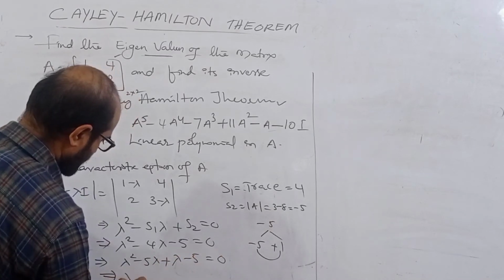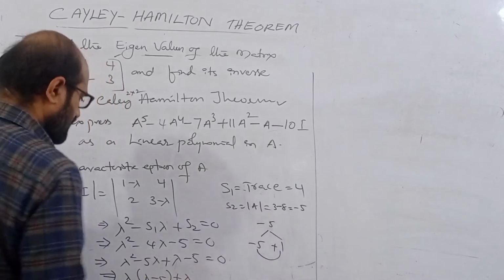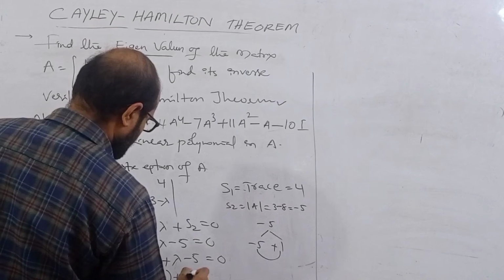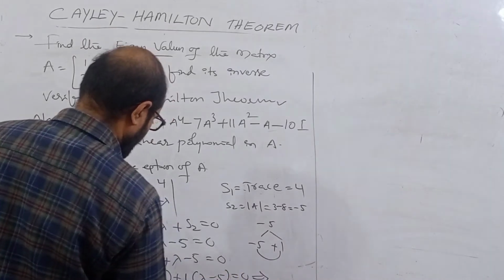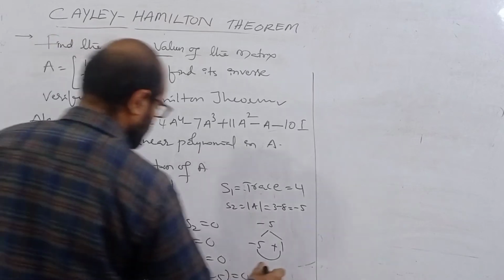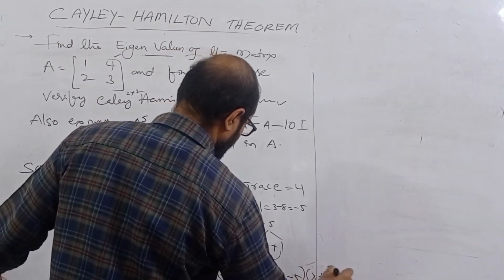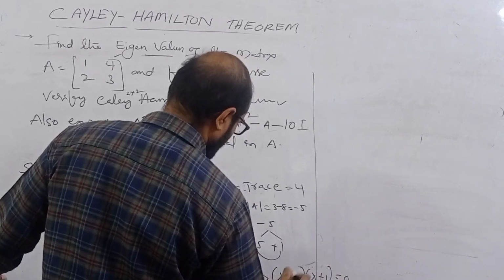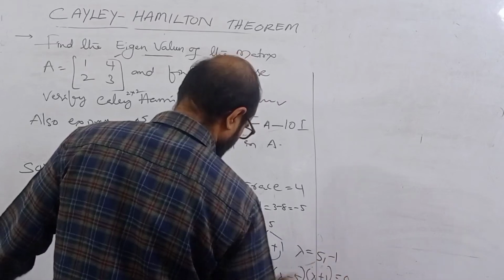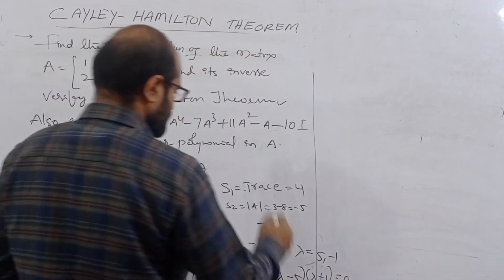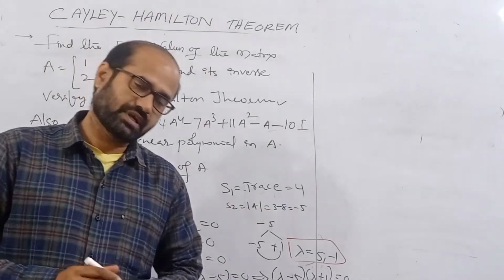This implies lambda common, lambda minus 5, plus 1 common, lambda minus 5 equal to 0. So lambda minus 5 and lambda plus 1 equal to 0 implies lambda equal to 5, minus 1. So these are the eigenvalues. Lambda equal to 5, minus 1 are the eigenvalues, right?